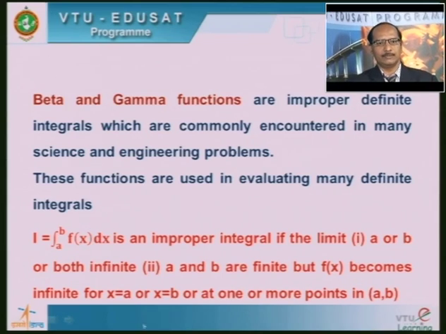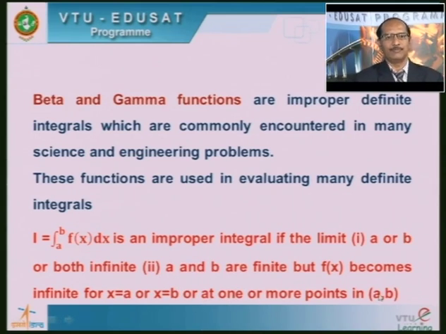That is one case. Even though the upper and lower limits are finite, a and b being finite limits, the function may become infinite at x equal to a or x equal to b or at one or more points in between a and b. In such cases, the definite integral from a to b of f(x) dx is said to be an improper integral.